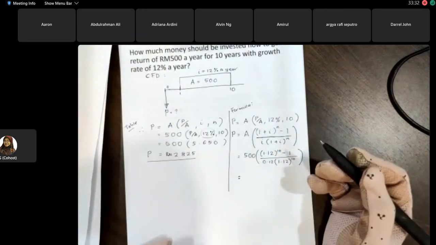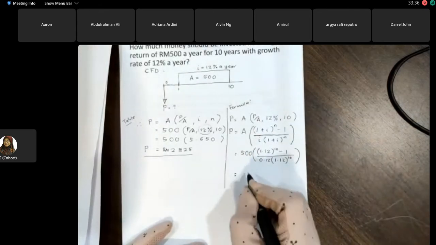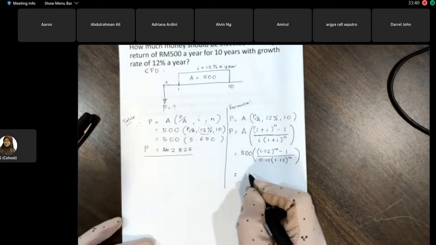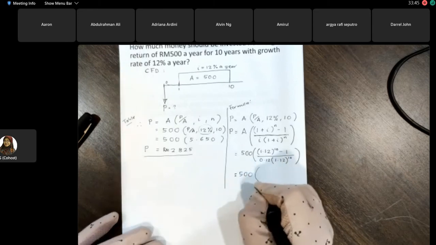So this is the way to show the steps. So you will get what? After you calculate, you will get 500.